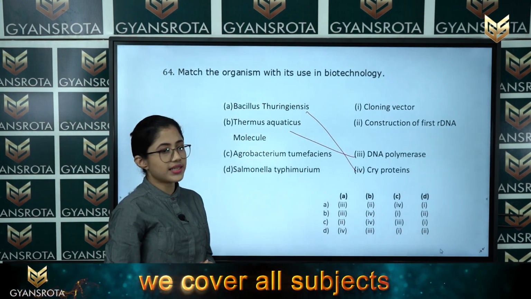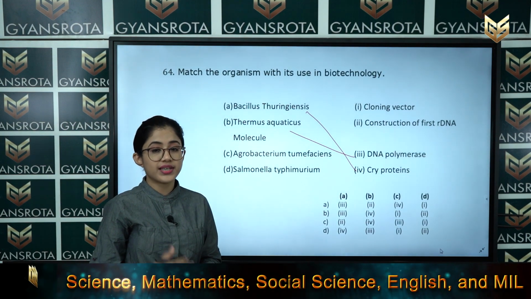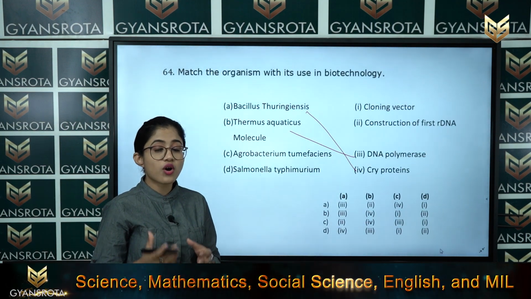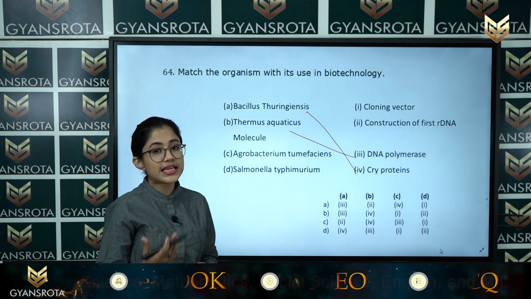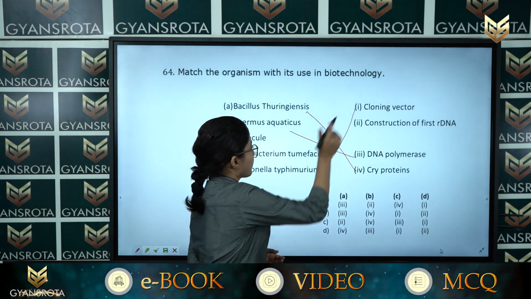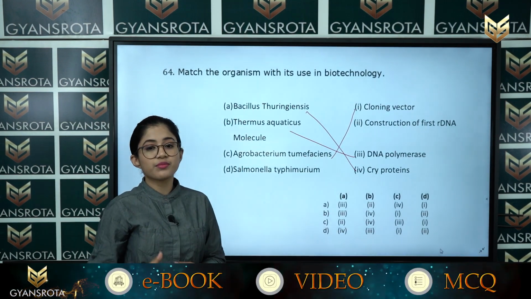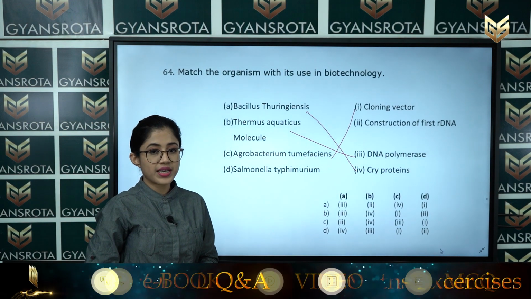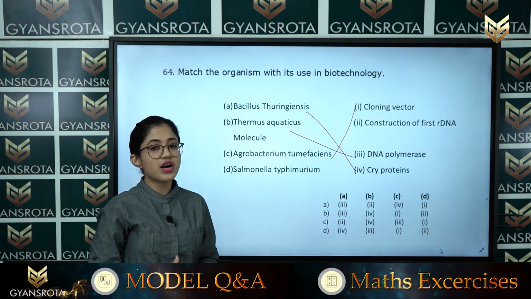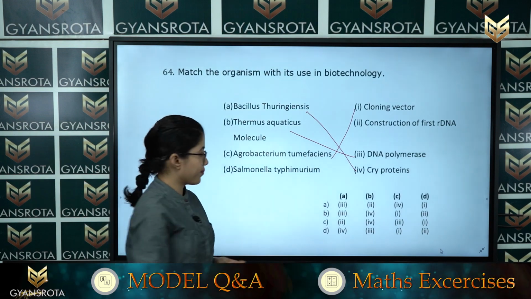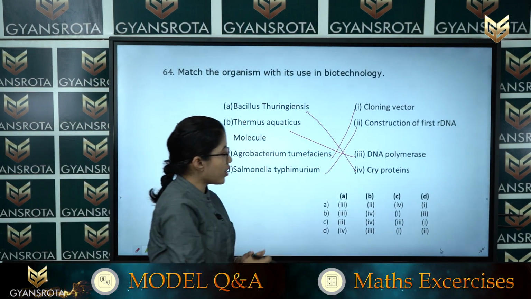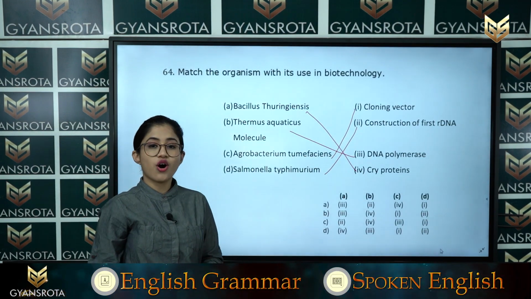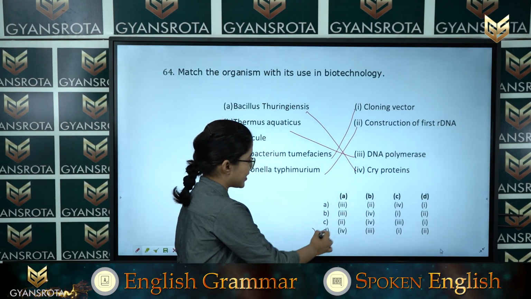Now, the third one is Agrobacterium tumefaciens. This is the cloning vector of plants and animals. And the fourth one is Salmonella typhimurium. It helps in the construction of first rDNA, right? So among these following 4 options, option number D is the correct answer.